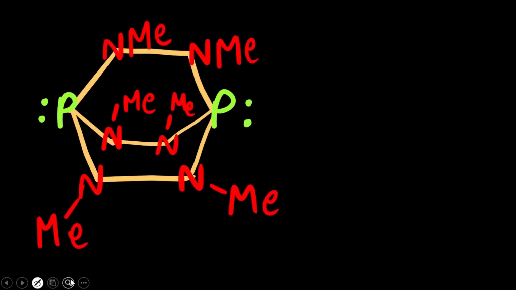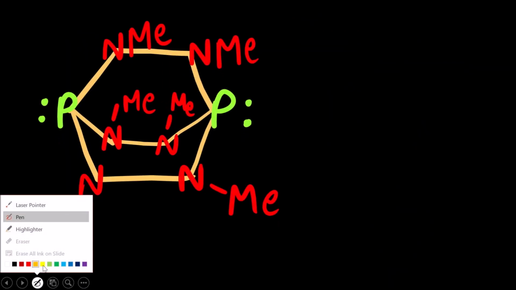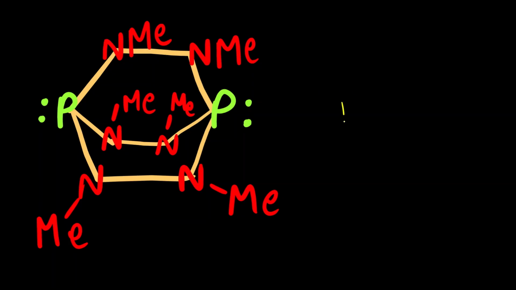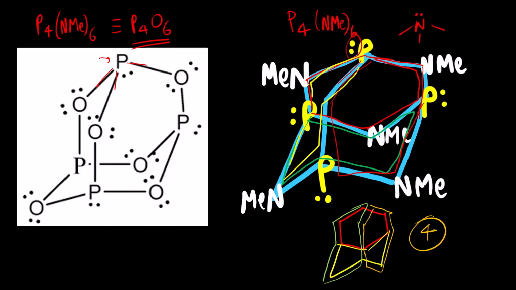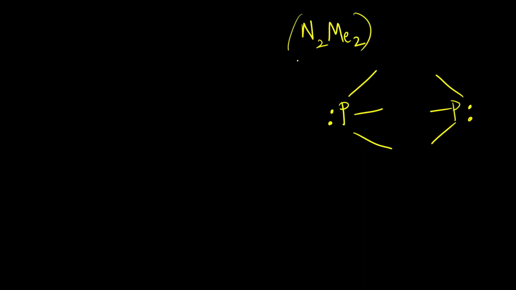The next one, how to draw this is another thing. We know that there are 2 phosphorus. Each phosphorus will have 1 lone pair, and phosphorus in the previous structure was attached to 3 other bonds. This gives you a hint that each phosphorus will be attached to 3 other groups. Then they have given N2Me2.